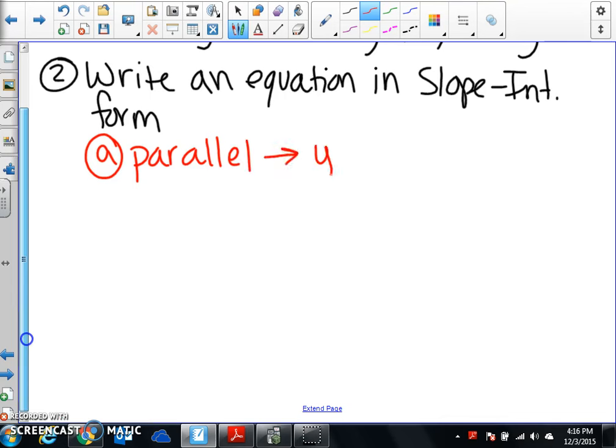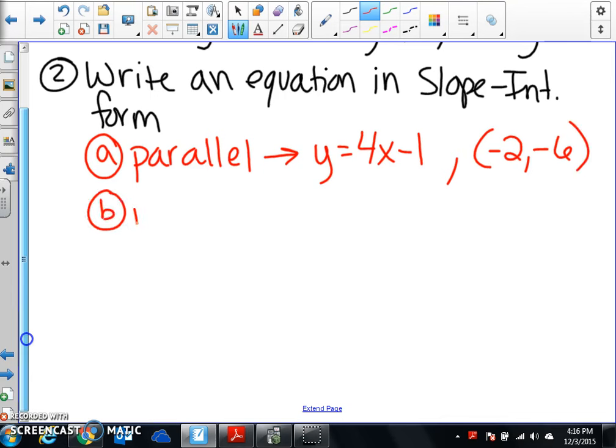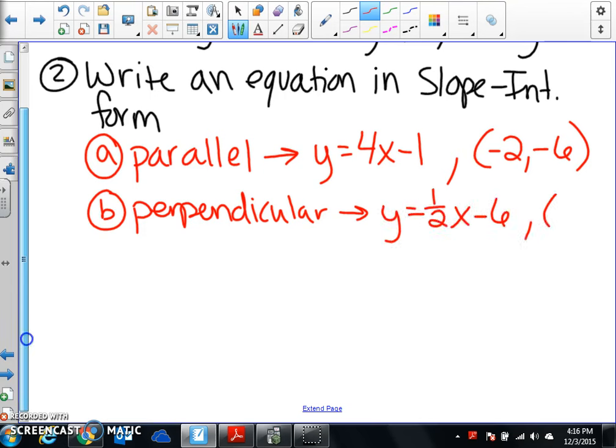It's going to be parallel to y equals 4x minus 1, and it's going to go through the point -2, -6. B, we're going to do perpendicular. And let's do perpendicular to y equals 1/2 x minus 6, going through the point -4, 3.